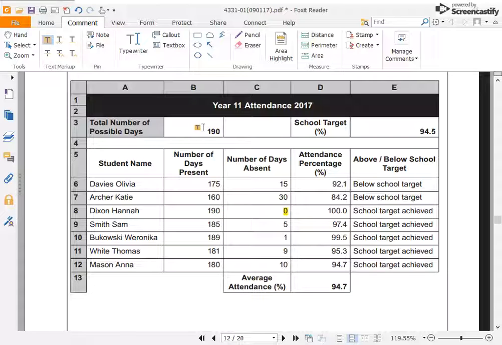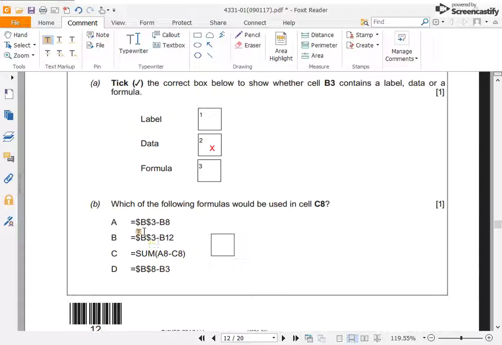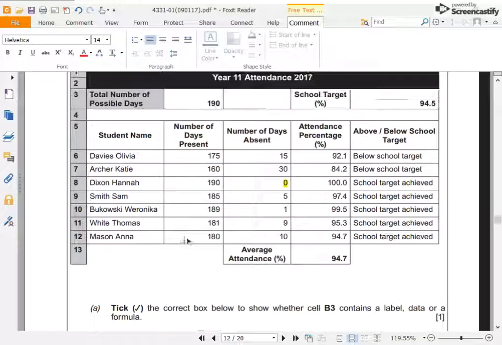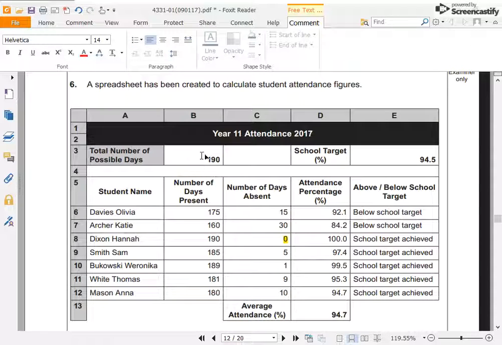So I'm thinking maybe B3 take away B8, it could be the other way around. Let's have a little look. B3 take away B8. That looks right to me. I'll just check my mark scheme. That's right. And the reason they've used the dollar signs is because they always wanted to go back to cell B3. Because if you write formulas and then you drag them down, it'll automatically go to the next one. So if I want it to stick to a cell, I put dollar signs around the letters.